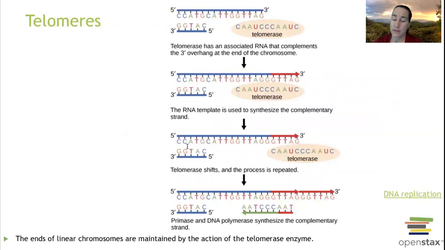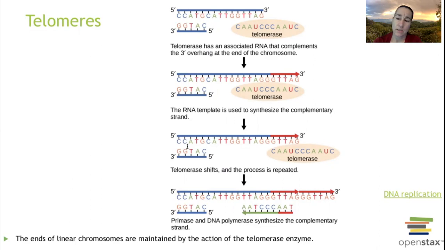Telomeres. Okay, so we said that we are going to lay down DNA pol 5' to 3'. It's going to attach onto that hydroxyl OH that's hanging on there, and then it's going to continue to go. Every time DNA replicates, it loses a little piece of itself. And so at the end of the chromosome, we are going to lay down these genes that are non-coding, so we might call them junk DNA.